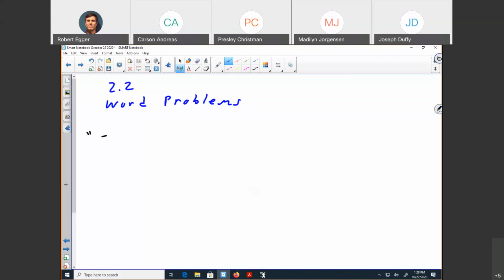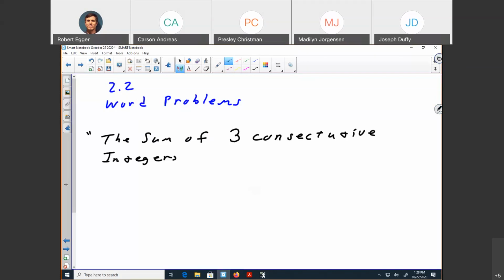Let's find the sum of three consecutive integers if the first integer is x.